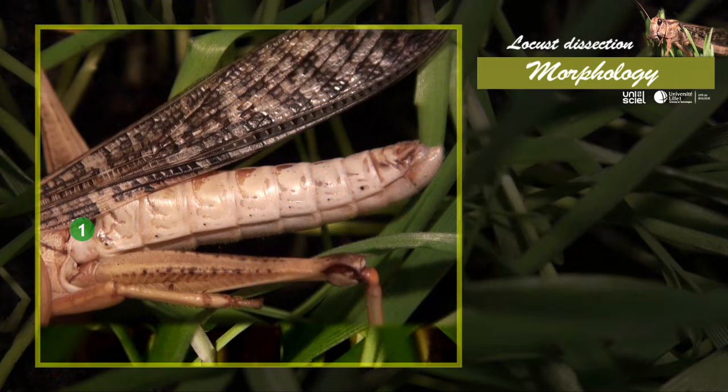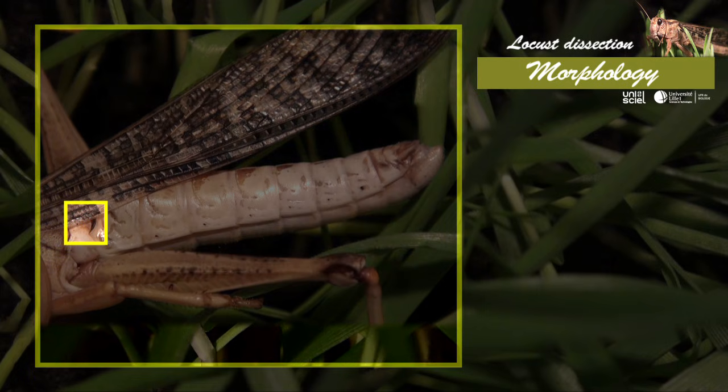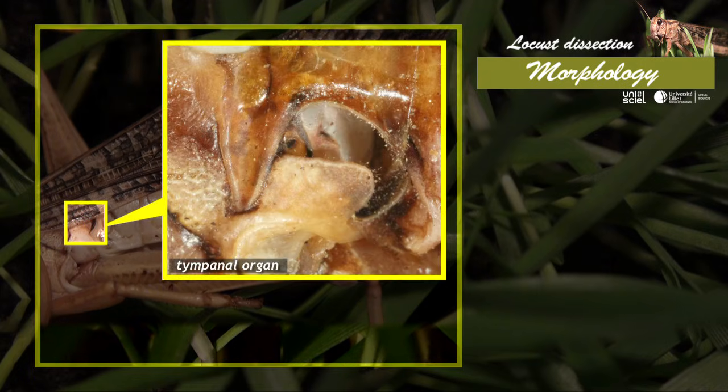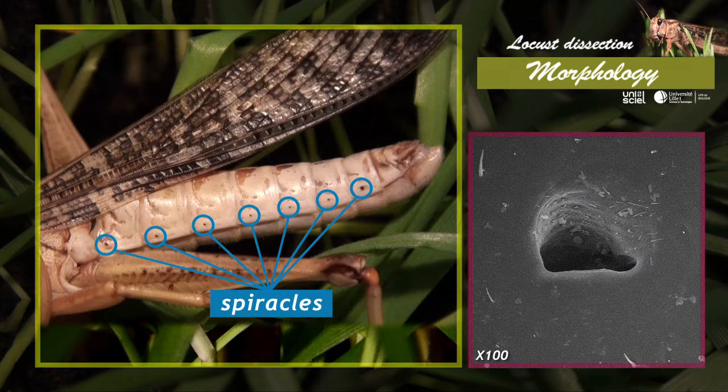The first abdominal segment bears the tympanal organ, with auditory function on each side of the tergite. The first abdominal spiracle is located anterior to this organ. Each of the following 7 tergites also bears a pair of spiracles.